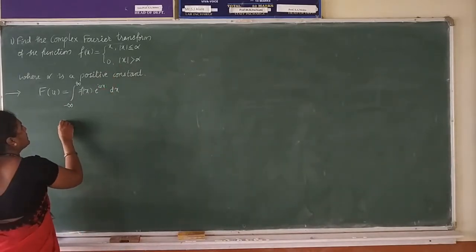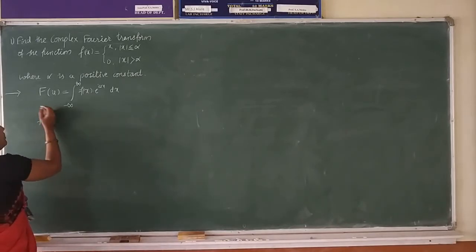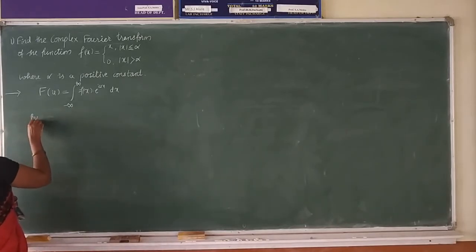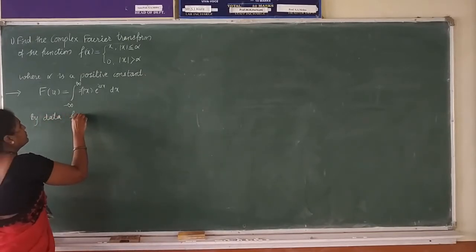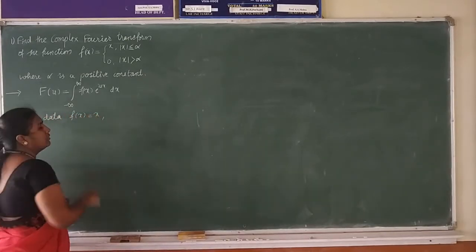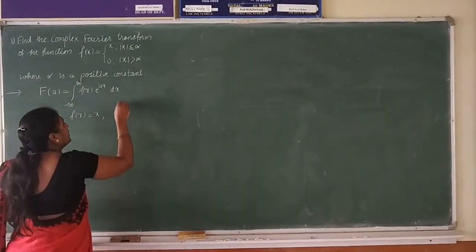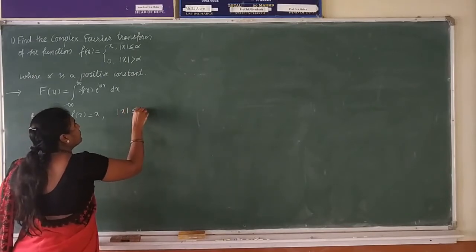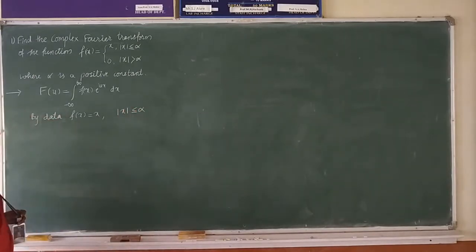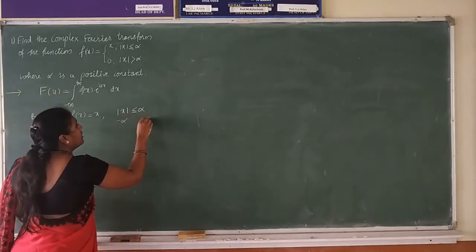Let us consider f of x equals x by the given data. We are considering f of x equals x because the interval is mod x less than or equal to alpha, which means we can have the limits from minus alpha to plus alpha.